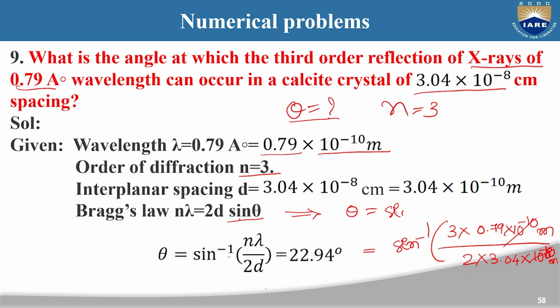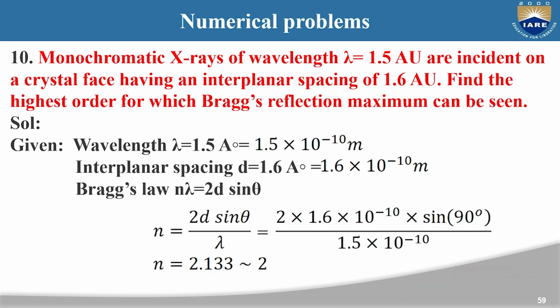The 10 gets cancelled. So we are getting the sine inverse value as 22.94 degrees. So the angle of diffraction for the X-ray wavelength is theta is equal to 22.94 degrees.